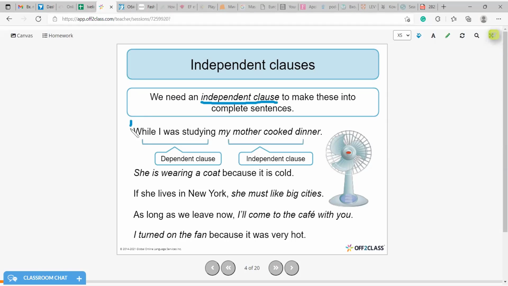Okay, here is our dependent clause with this linking word, which is called a subordinator, and it finishes here. And from there, we have an independent clause. So one incomplete thought, joined by another to make a full, complete sentence.